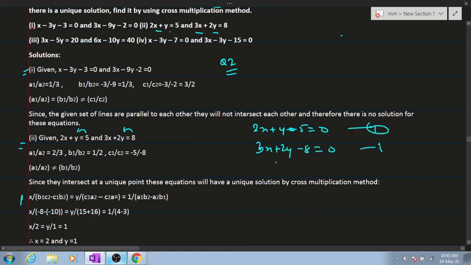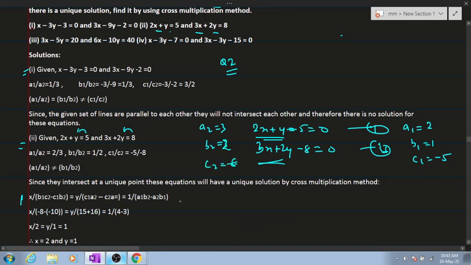Now we substitute all the values. a1 is 2, b1 is 1, c1 is minus 5, a2 is 3, b2 is 2, and c2 is minus 8.